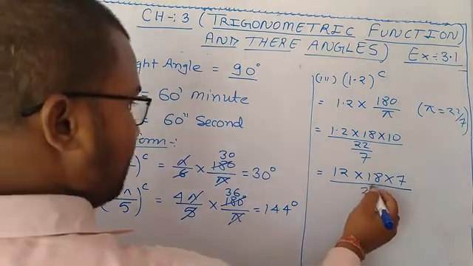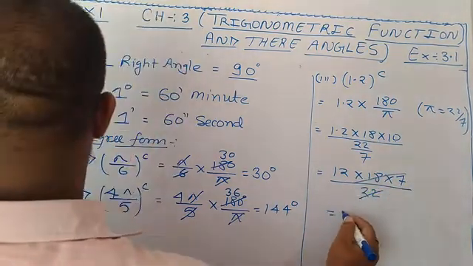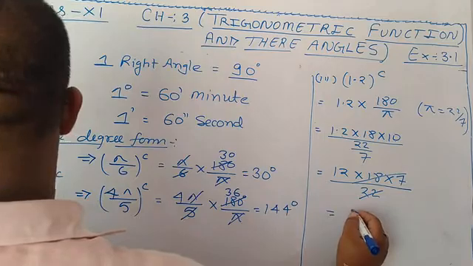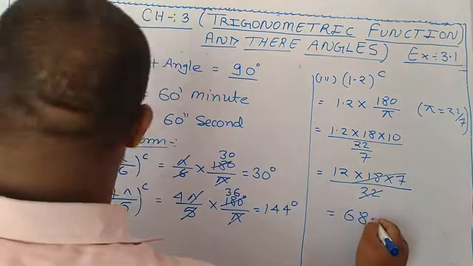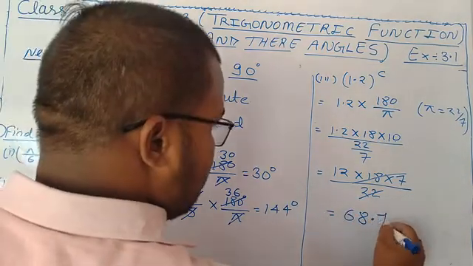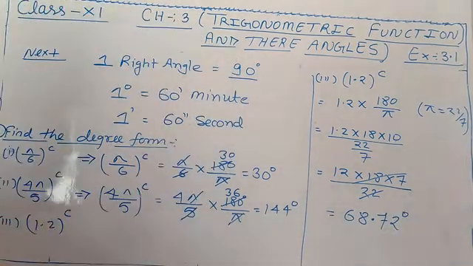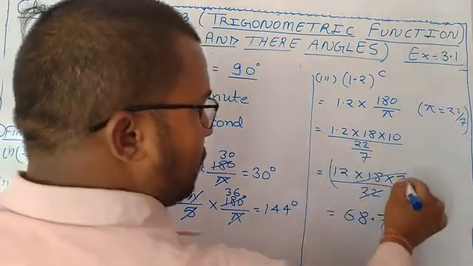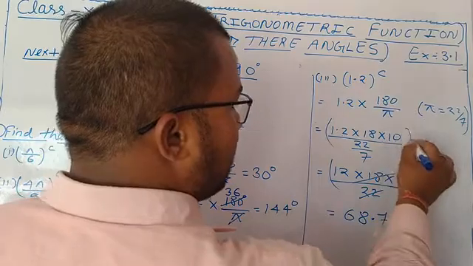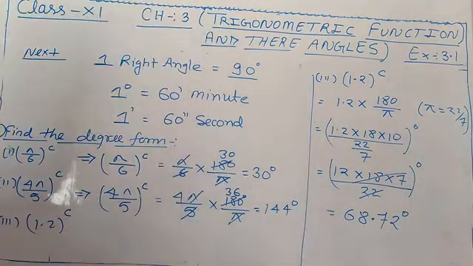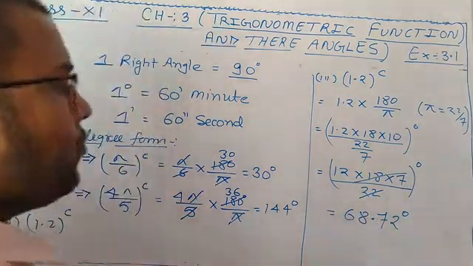Cancel out, is equal to 68.72 degree. So in form of degree form, okay student, write them 68.72 degree.